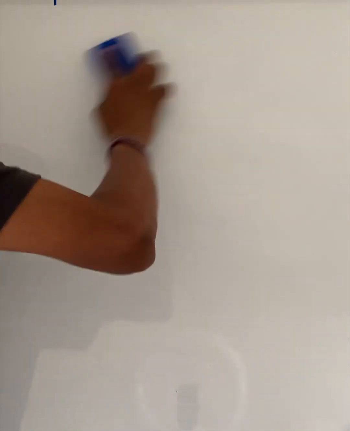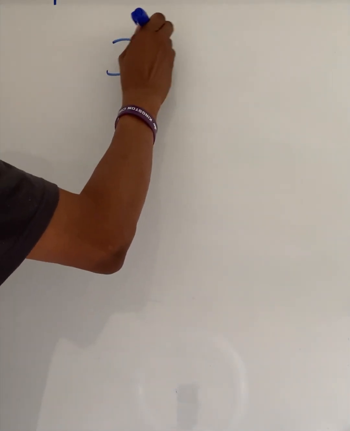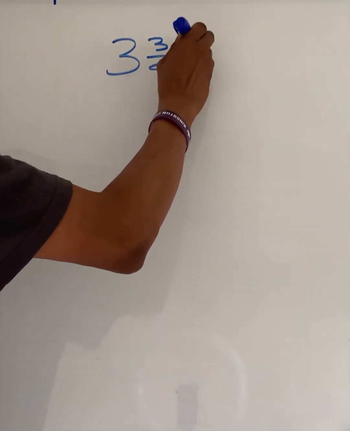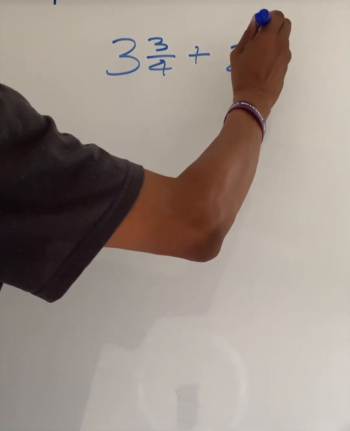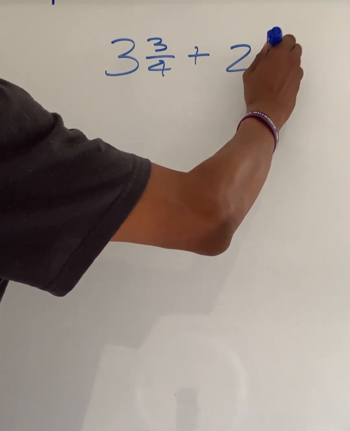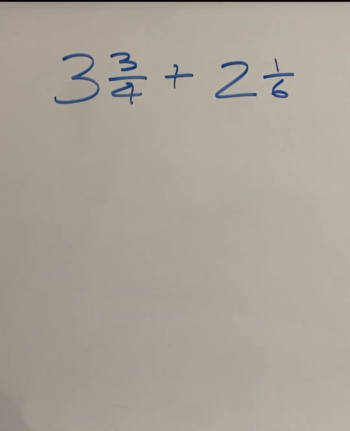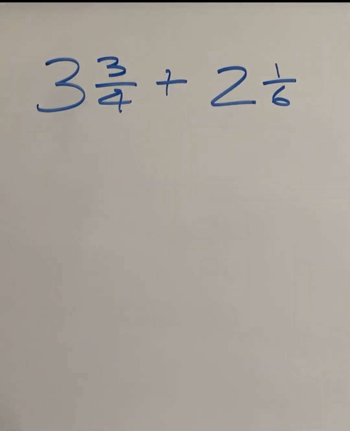Alright, let's do one more example of how we add our mixed numbers. Let's say we have 3 3/4 plus 2 1/6. Alright? Let's convert our mixed numbers to improper fractions.